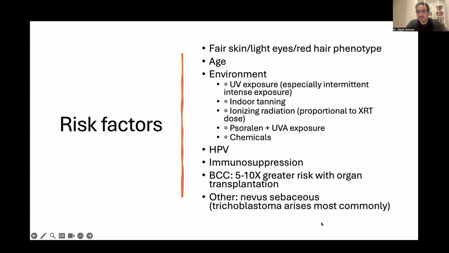Again, for the residents, just know all the syndromes associated with all of them: with melanoma, BCCs, Gorlin, etc. Nevus sebaceous, there's a small risk. However, it's not the most common skin cancer. They always like to ask this question on the boards.